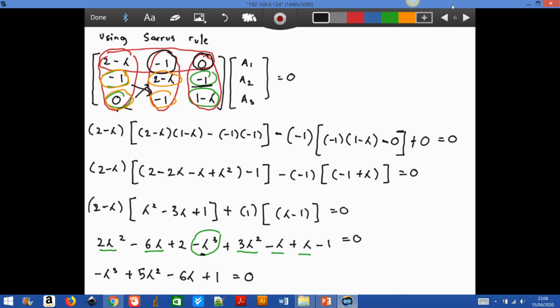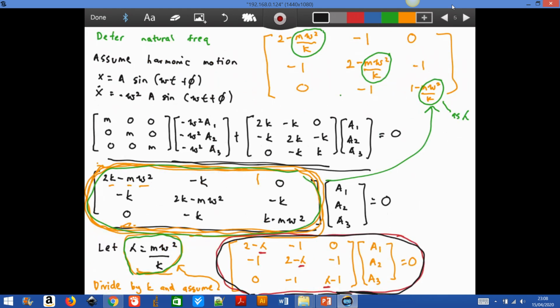Just want to recap from here. Because we don't have the values of m and k, we only have them in terms of k and m. We don't know k is either equal to 4 or m equal to 5, for example. So that is why we need to use the lambda approach.